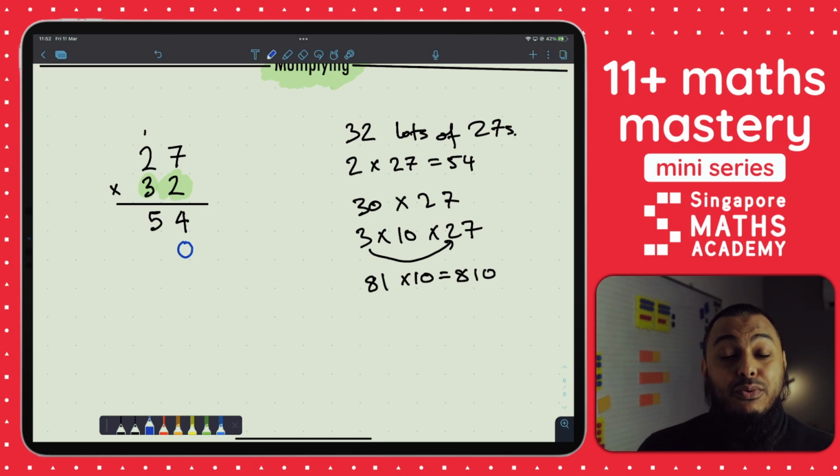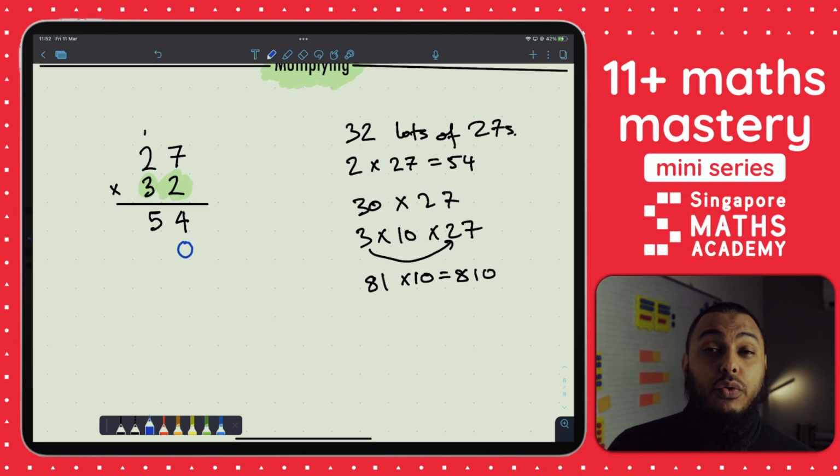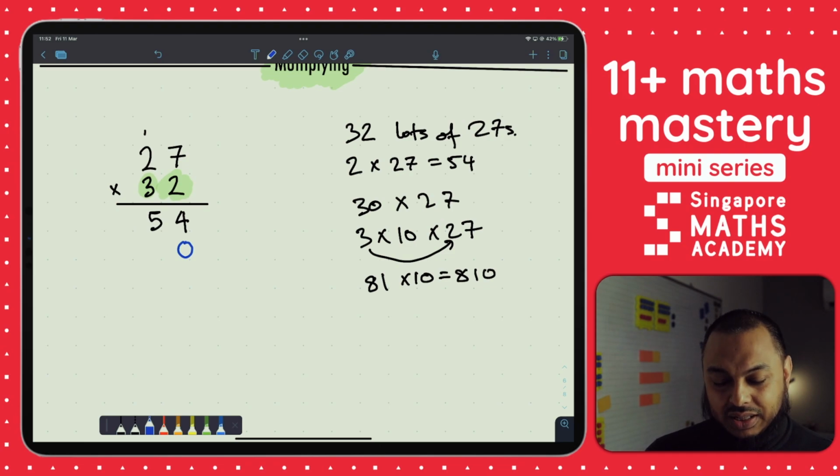That means really we're saying 210, right? 210s or 21 tens. 3 times 7 ones, right? 7 times 30 is 210. That's 210, but we are in the tens column. So I'm just going to put the 1 here because 210 has 0 ones. And so I'm going to put the 1 in the tens column.